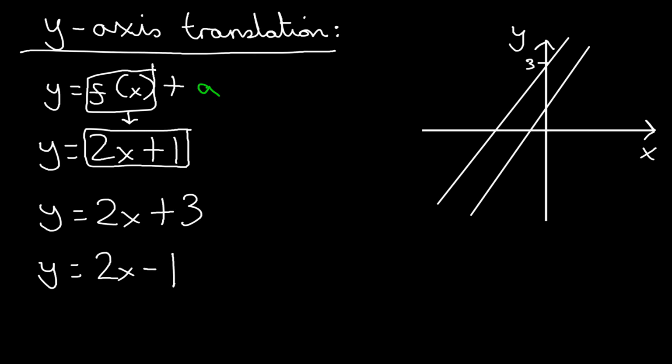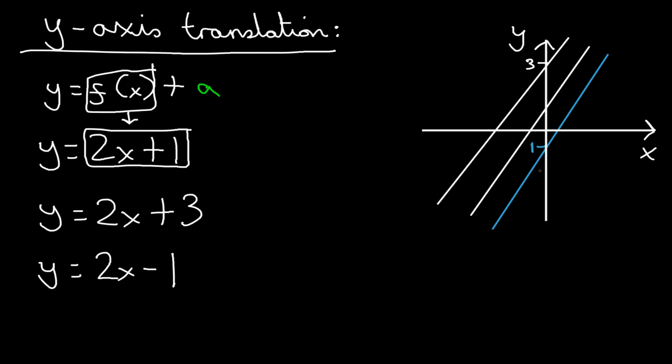So let's have a new colour for that. And our new line, y equals 2x minus 1, is about here. The graph crosses the y-axis at minus 1.